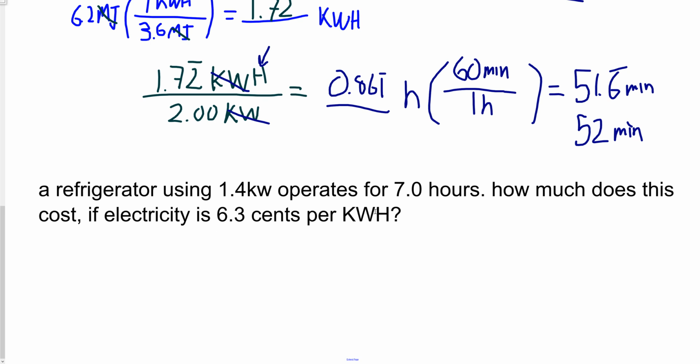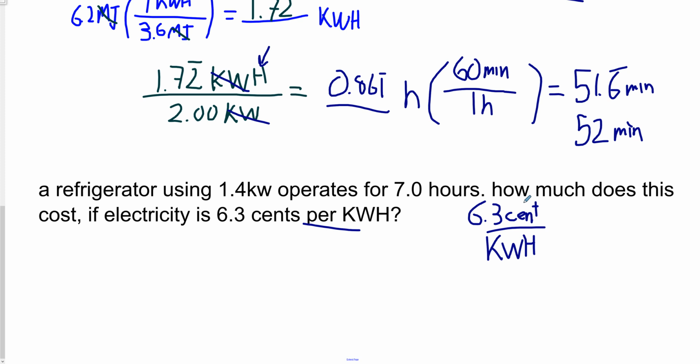So when I see a per, I'm going to say 6.3 cents per kilowatt hour. It's like miles per hour or kilometers per hour or grams per mole. These are just combined units.